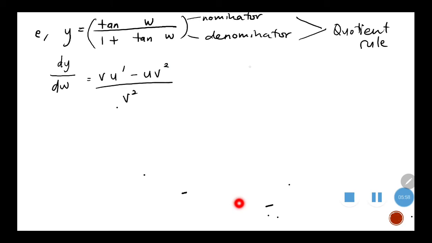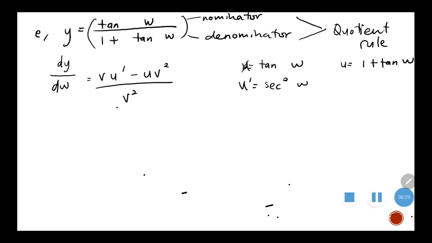Okay, now let's determine what is u and what is v. So u should be tan w and v should be 1 plus tan w.